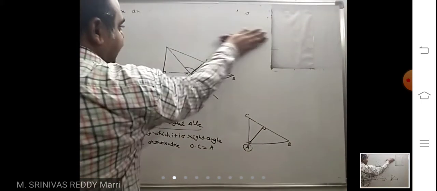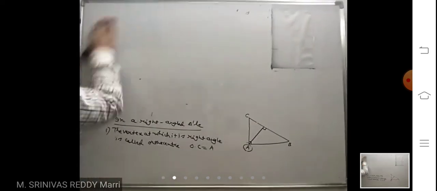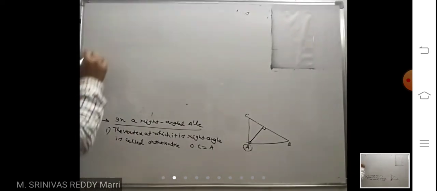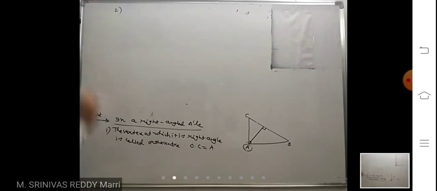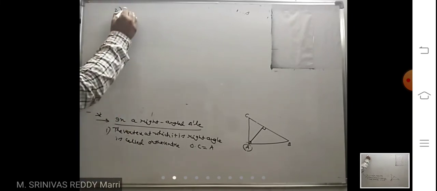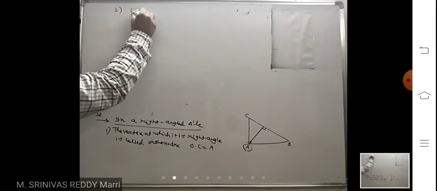Next, number 2. In a right angle triangle, circumcenter.